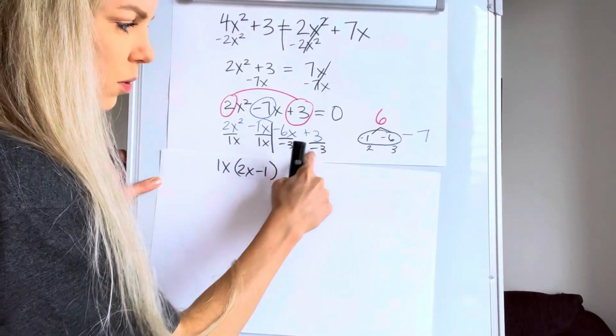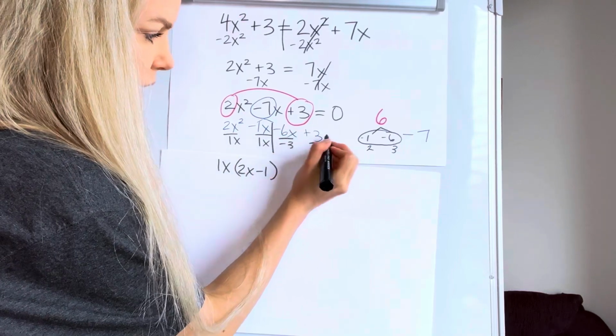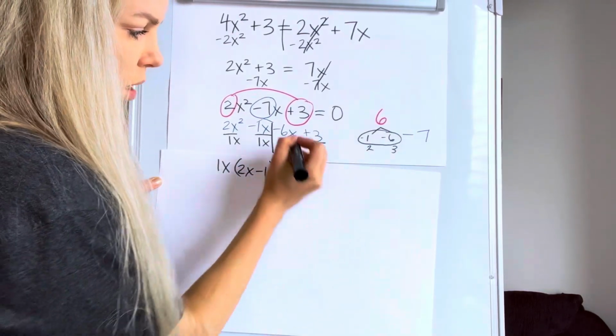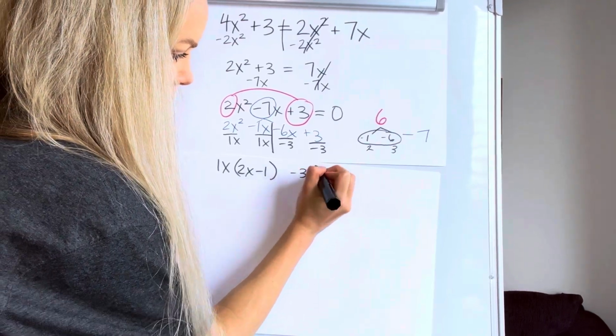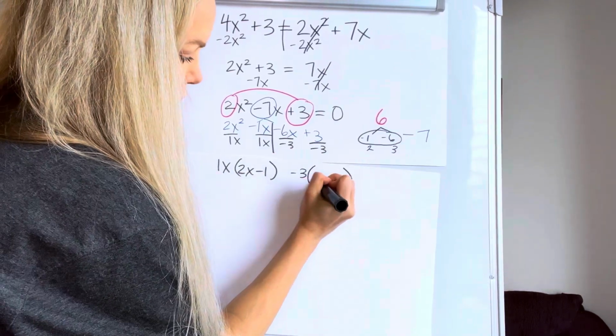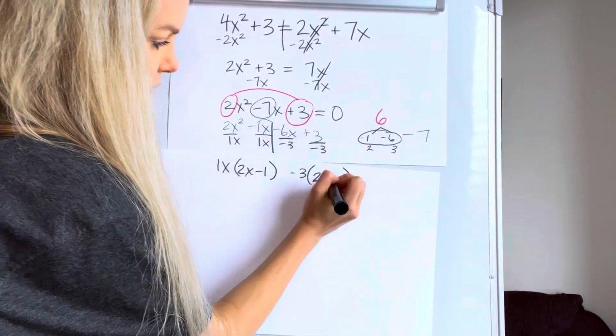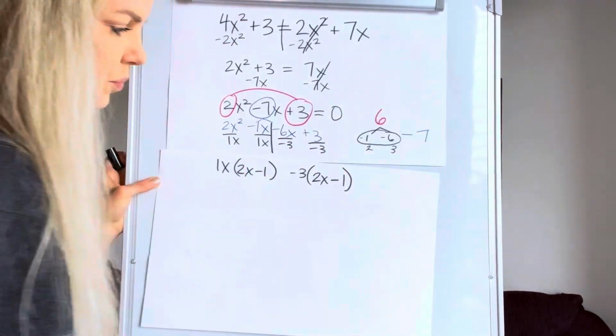I always start with the smaller number and see if it divides the bigger. And then we can't get an x because there's no x here. So -3 is our GCF. Negative 6 divided by negative 3 is positive 2. And then we still have the x. 3 divided by negative 3 is negative 1.